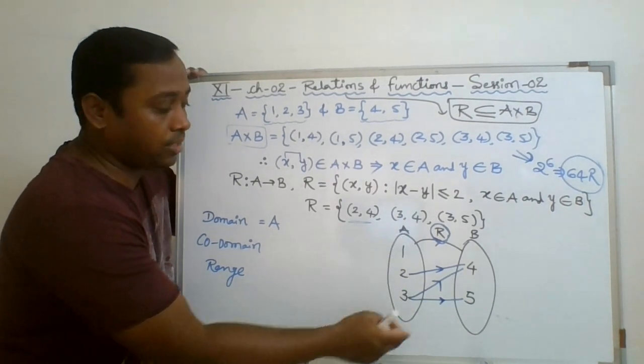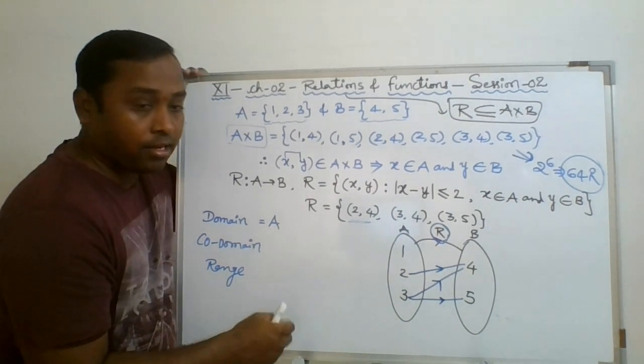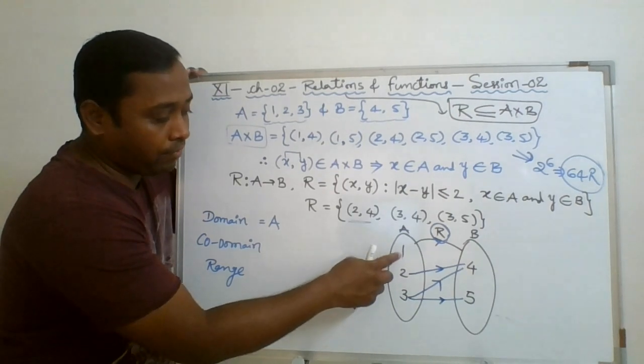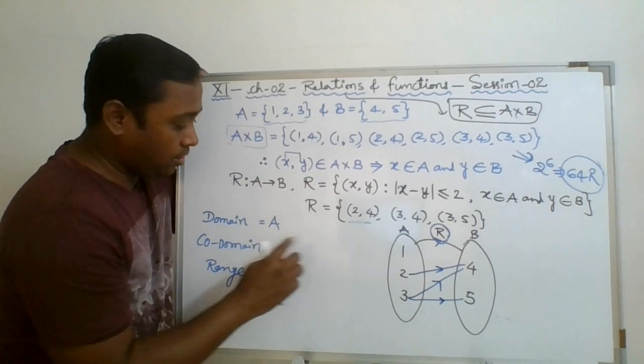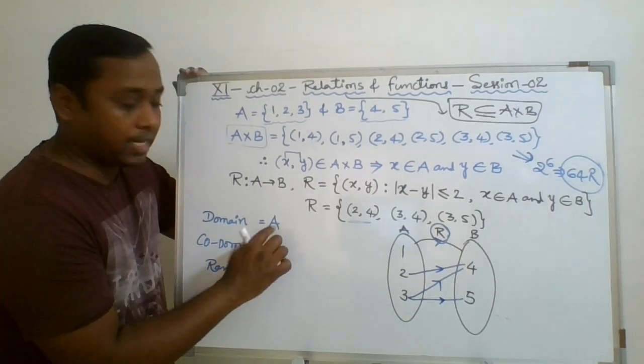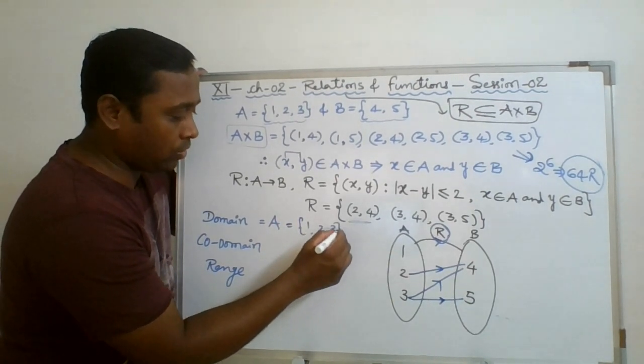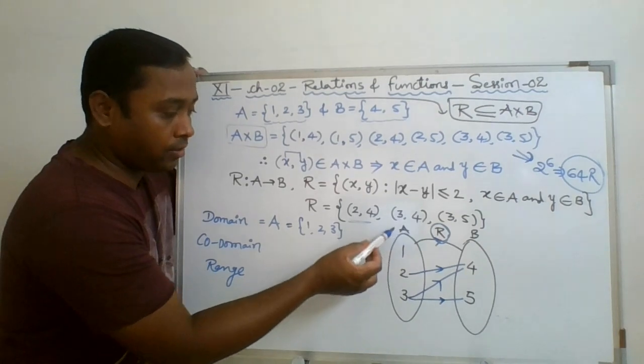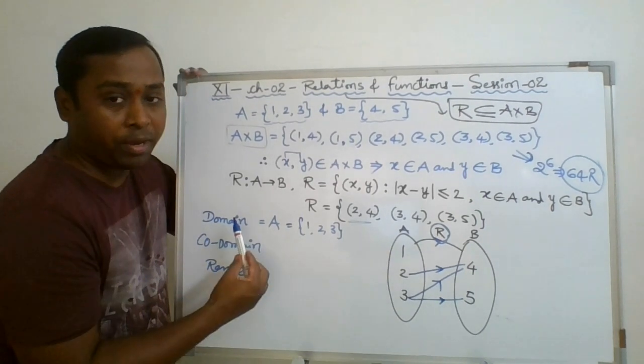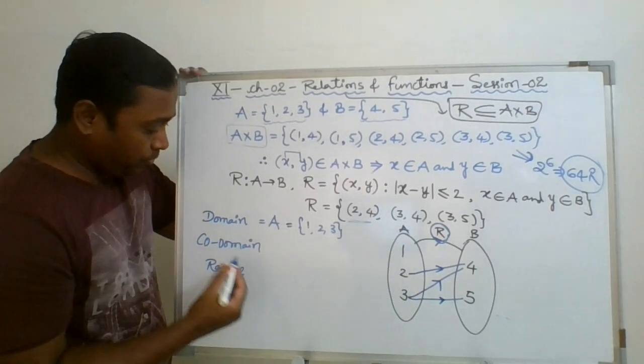Having 1, 2 and 3. Hence domain will be set A, that is 1 comma 2 comma 3. So the set of first elements is called the domain under the relation.